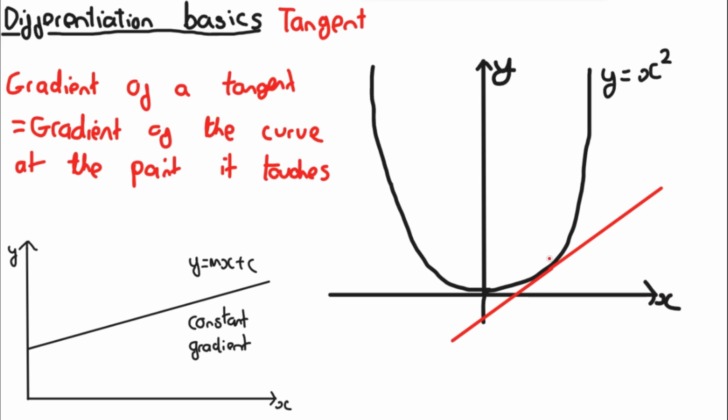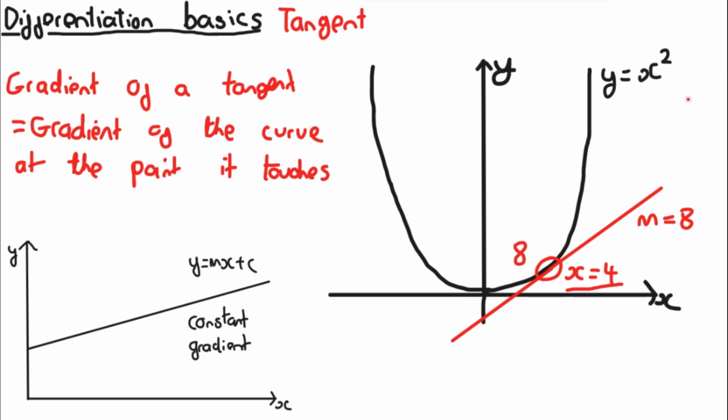So for example, let's say we have a tangent that touches the curve here, and let's say this is where x is equal to 4, and let's say that the gradient of this tangent, which is a straight line, is equal to 8, then this means that at this specific point where x is equal to 4, the gradient of the curve is equal to 8.